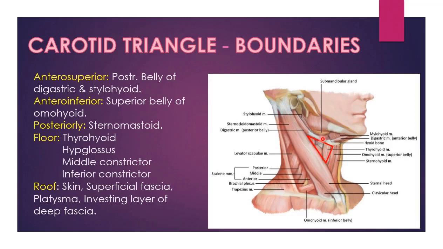Then a very small part of the hyoglossus muscle, which takes origin from the hyoid bone, which is seen posterior to the mylohyoid muscle. So these muscles form the floor of the triangle. The roof is formed by skin, platysma and the investing layer of the deep cervical fascia.